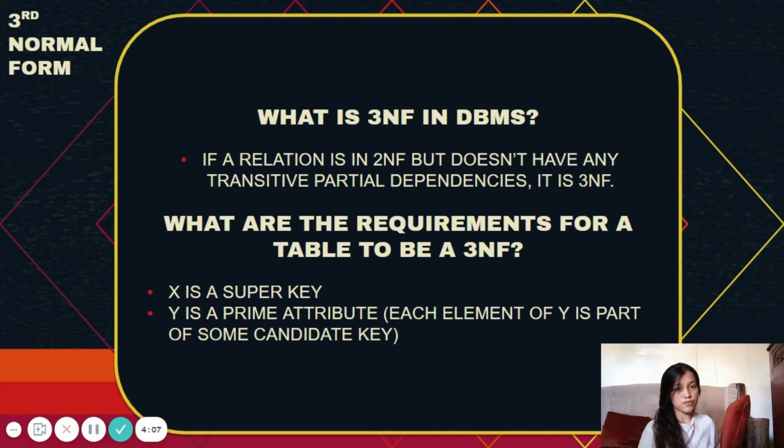What are the requirements for a table to be in 3NF? A relation is in the third normal form if at least one of the following requirements holds in every non-trivial functional dependency X to Y: X is a super key, or Y is a prime attribute.